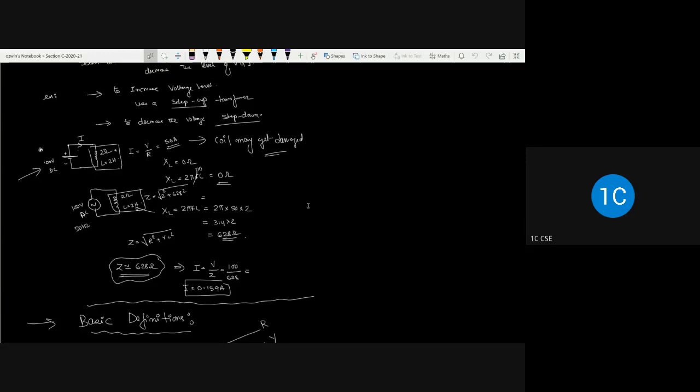But on the flip side, we had also seen that in the near future, DC may phase out AC. Not the usage, the transmission I'm saying. The transmission of DC may phase out the AC transmission.